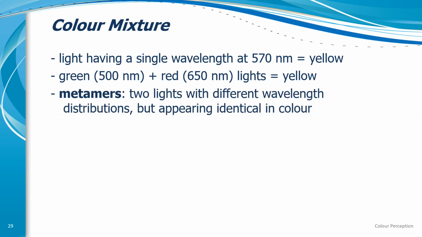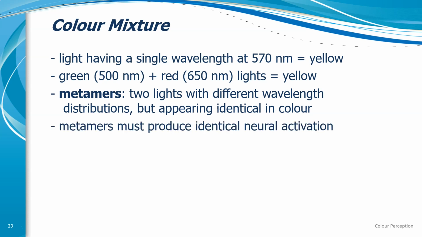This is the case of what are called metamers. We've got two different distributions of light, different wavelengths, but they are identical in color, and there's nothing you can do. You can look at it and squint and think as hard as you can, but you cannot distinguish these two yellows. They are identical. So what we must conclude from this is that metamers result in identical neural activation. There's no difference.